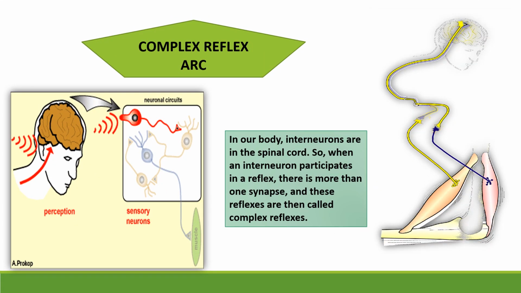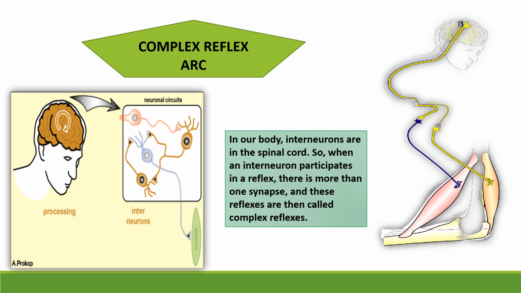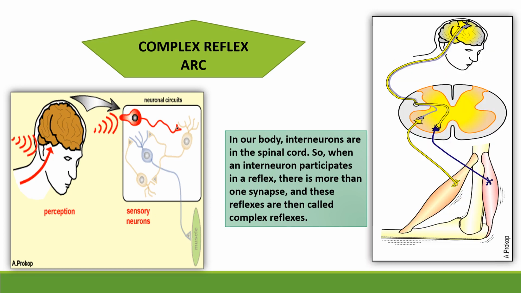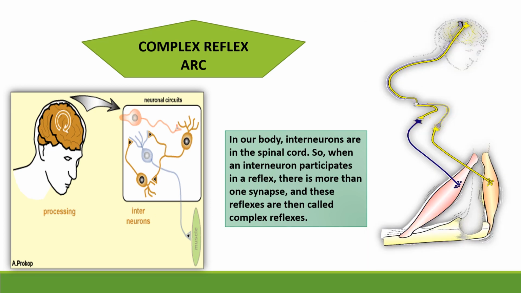Now another one is the complex reflex arc. In our body, interneurons are in the spinal cord. When an interneuron participates in a reflex, there is more than one synapse, and these reflexes are called complex reflexes.